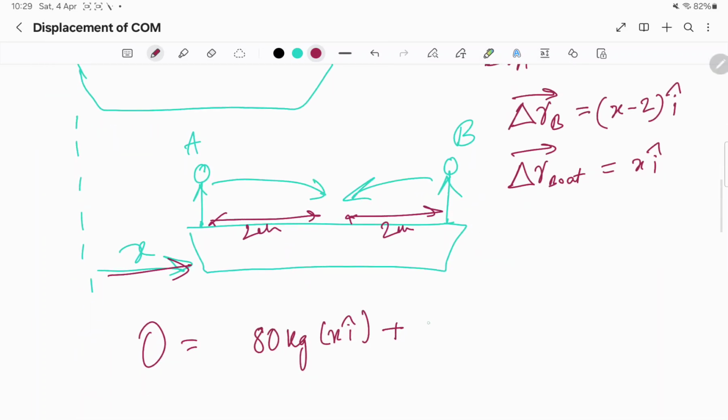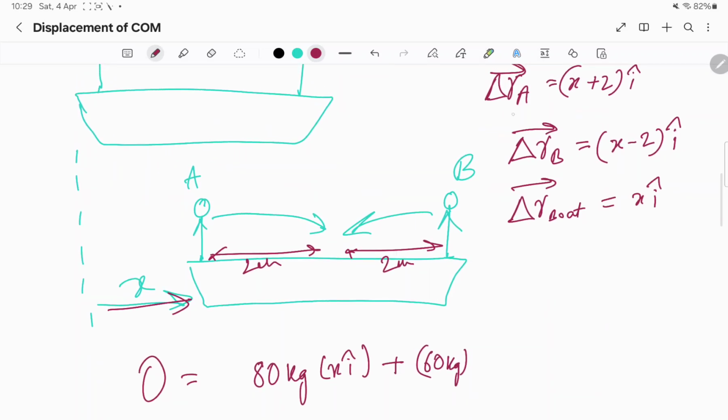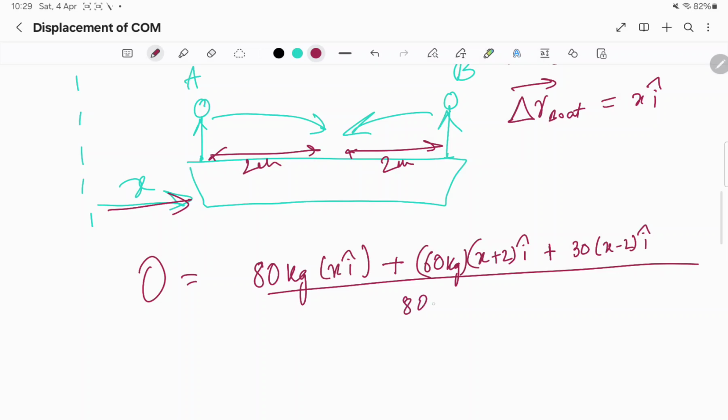So for person A I can write 60 kg into the displacement of A, which is (x + 2) i cap, and then for B, 30 into (x − 2) i cap, divided by 80 plus 60 plus 30 kg.